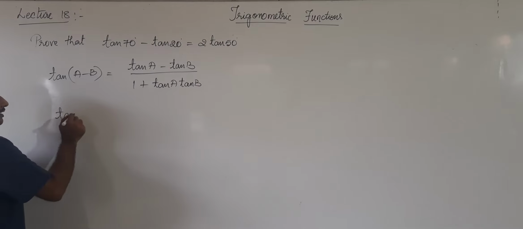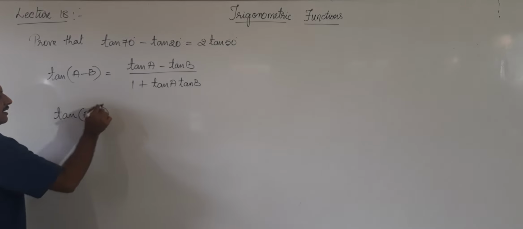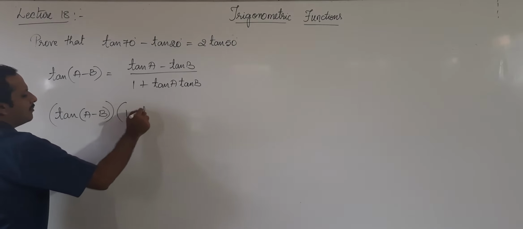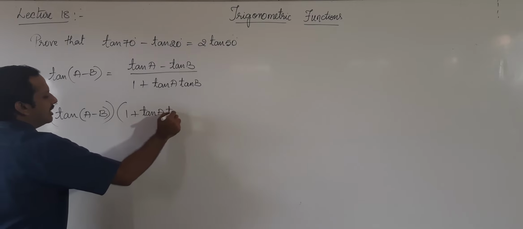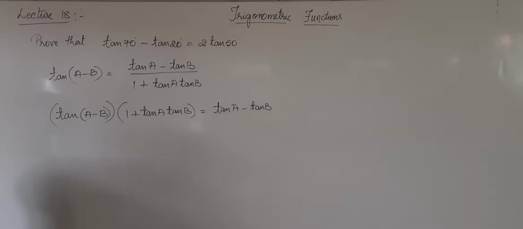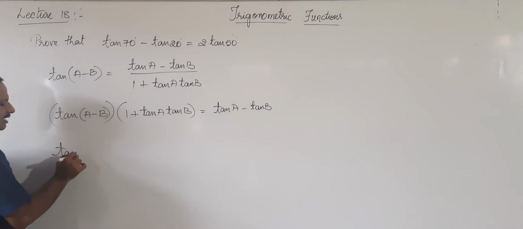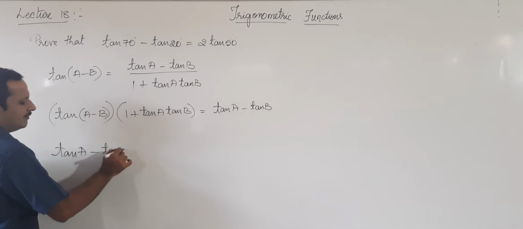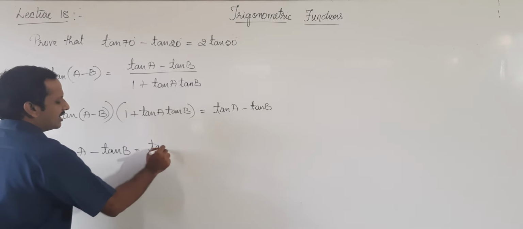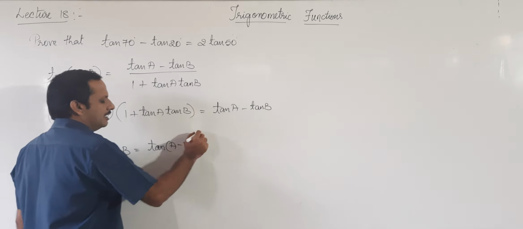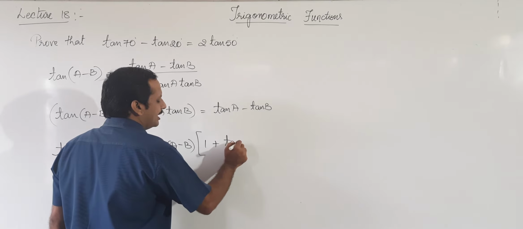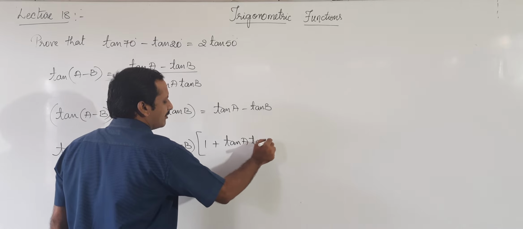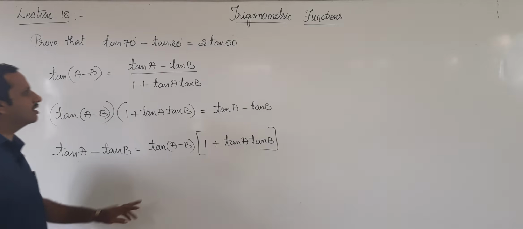So we have tan A minus B into 1 plus tan A tan B is equal to tan A minus tan B. This is actually the same formula, another version of it. Tan A minus tan B is equal to tan A minus B into 1 plus tan A tan B. Remember this formula. I would like to use it here.